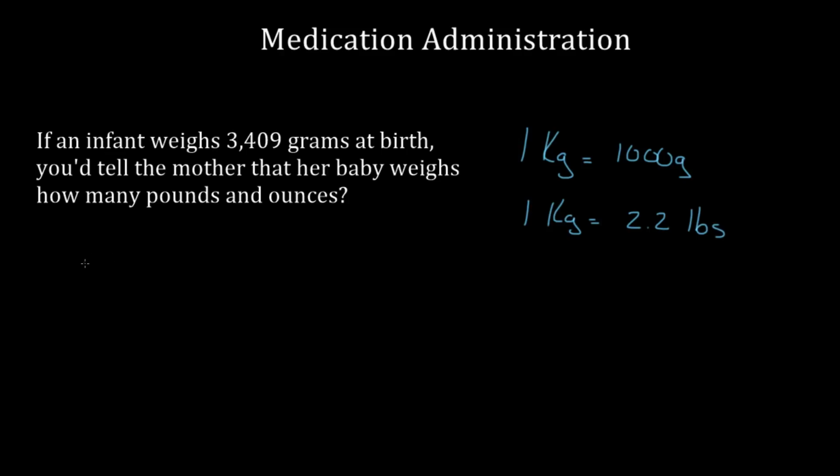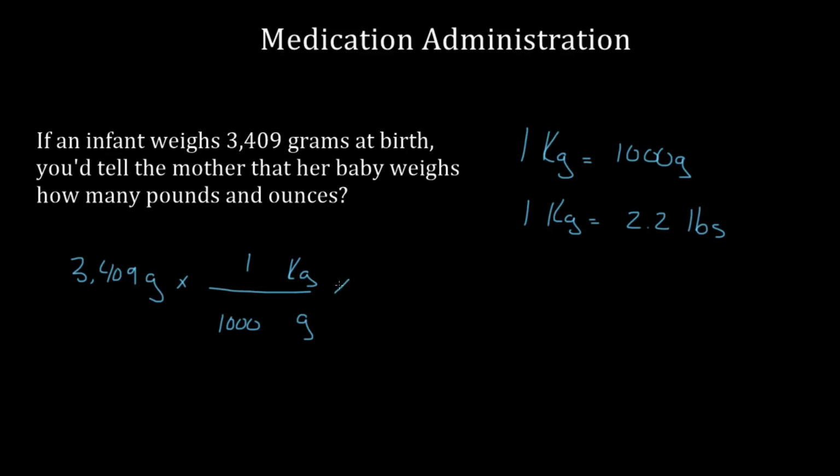So let's take our 3,409 gram baby and we want to get rid of grams, and we're going to convert that to kilograms. So for every 1 kilogram, there's 1,000 grams.